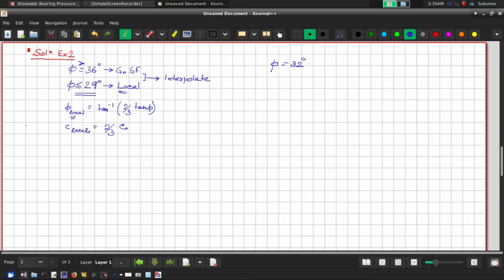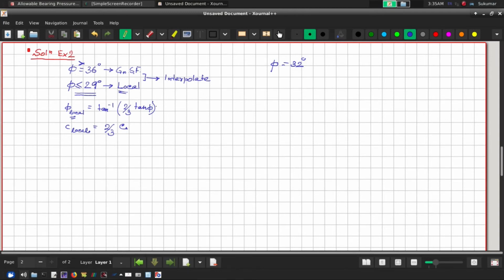Okay, that will give me the bearing capacity factors for local condition, and I'll have to find out the bearing capacity factors for phi equal to 36 degree, because that is the limit where general shear failure, that is the minimum value of phi where general shear failure occurs.